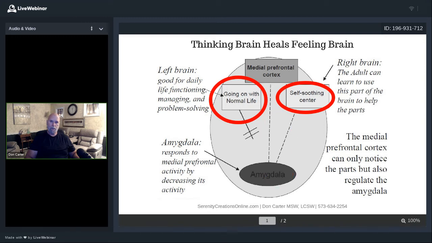The self-soothing center ideally would have those representations. Now, depending on how bad things were growing up, how wounded mom and dad were, what kind of dysfunction was going on, if I didn't get attachment wounds, I may have gotten some physical, emotional, or sexual abuse, and then that would put the wrong kind of models in that self-soothing center, and I might have difficulty then soothing those inner children, if you will.